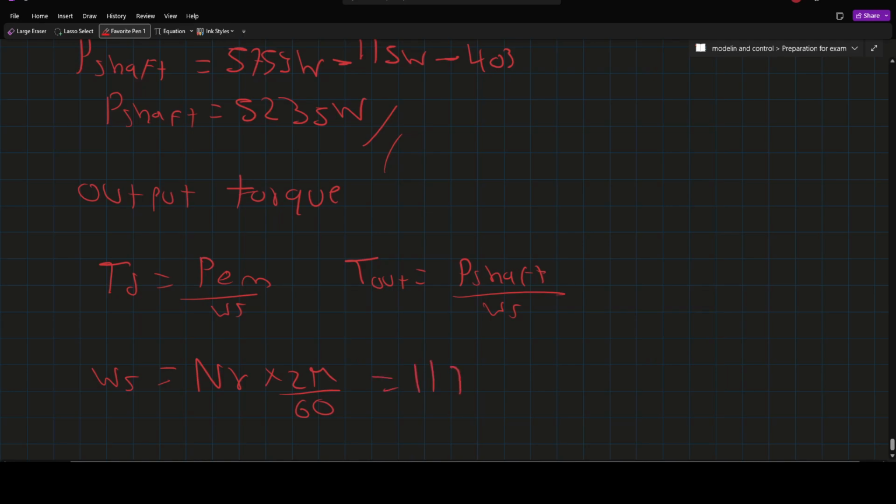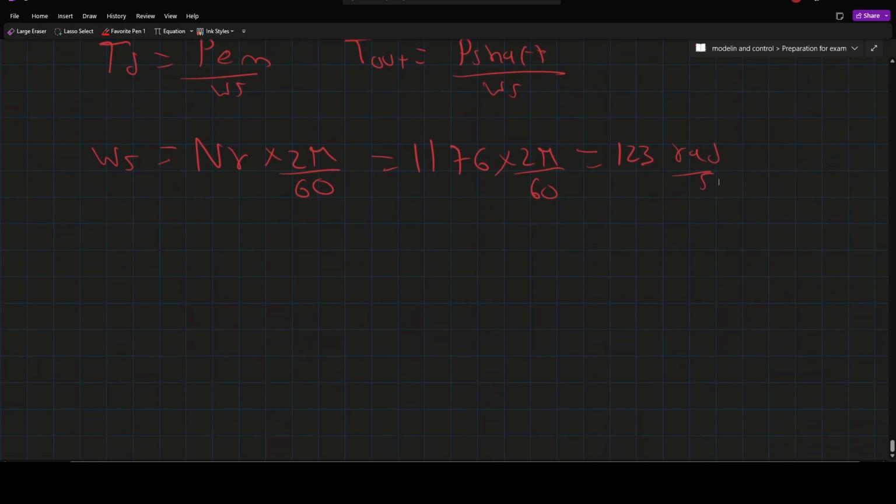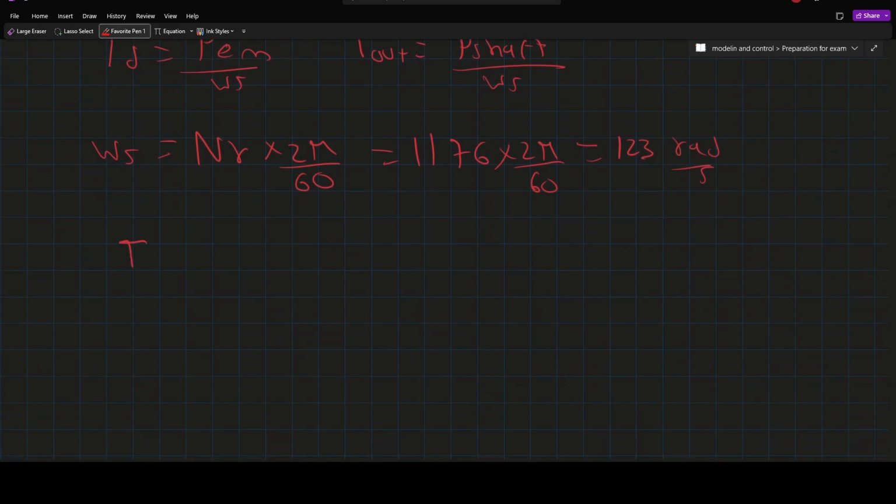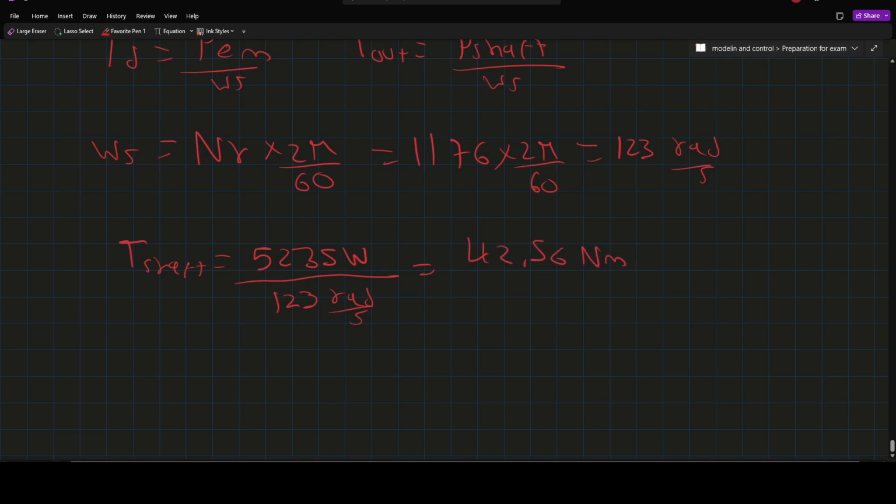So we get 1176 times 2 pi over 60, and this gives us 123 radians per second. Okay. So with this, we can say that our torque in the shaft is equal to 5,235 watts over 123 radians per second, and this gives us 42.56 newton meters.